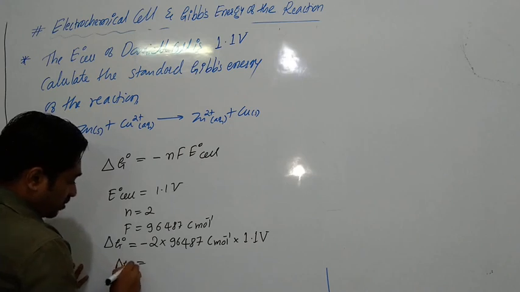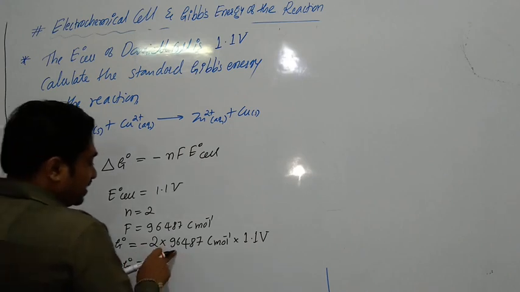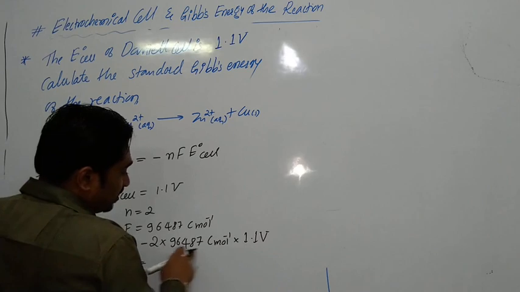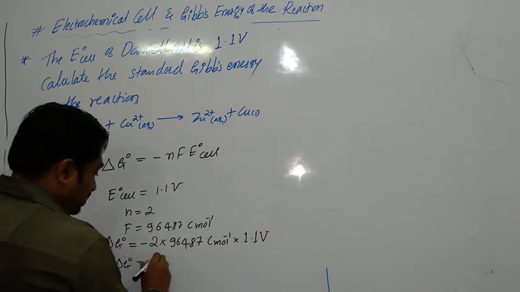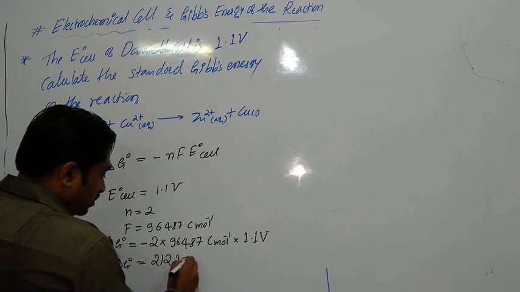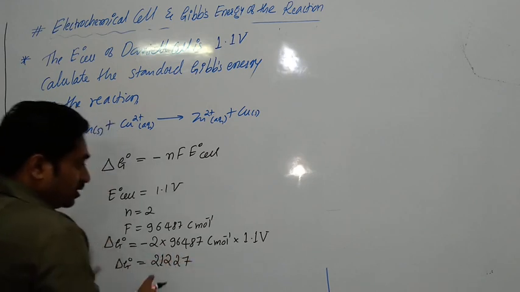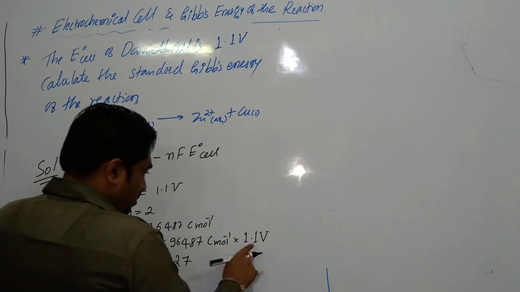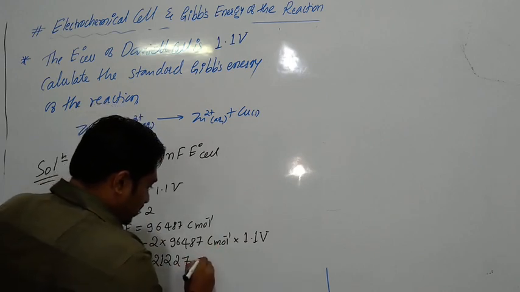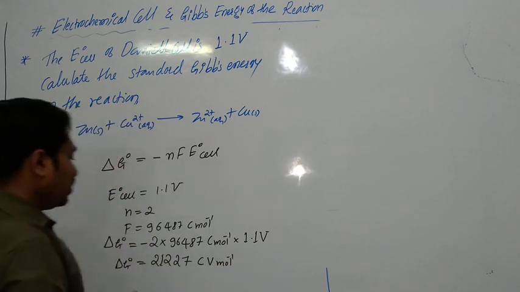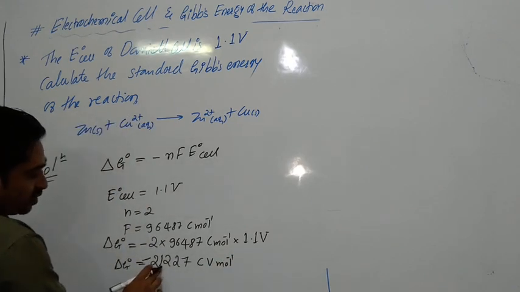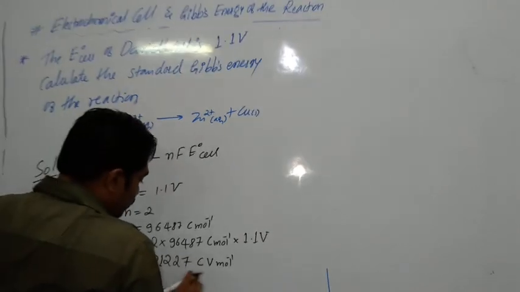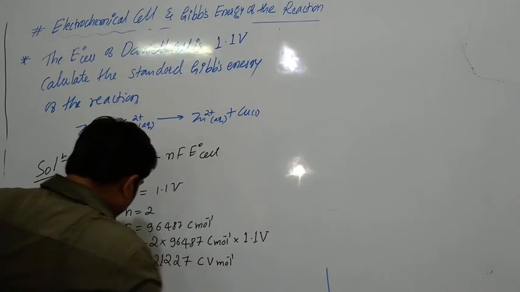Now let's multiply these. 2 into 96,487 into 1.1 is found to be 212,27. What remains here? Coulomb volt per mole. So minus 21227 coulomb volt per mole.